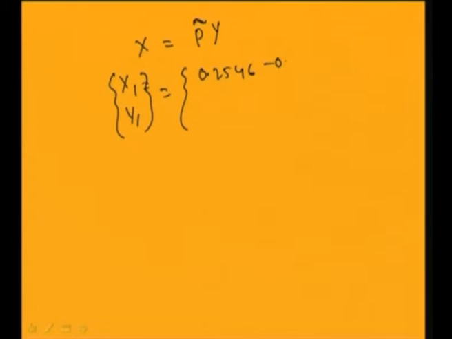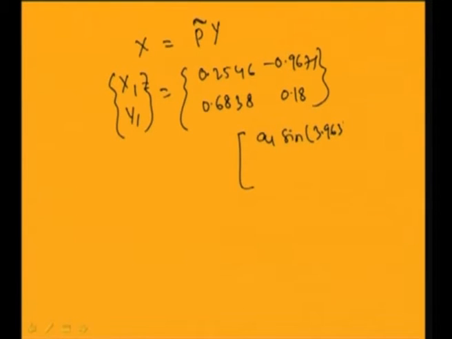0.2546, minus 0.9671, this is 0.6838 and this is 0.18, into y1, y2, where y1 you already got equal to a1 sin(3.96371 t plus psi 1), and y2 becomes a2 sin(12.6214 t plus psi 2).